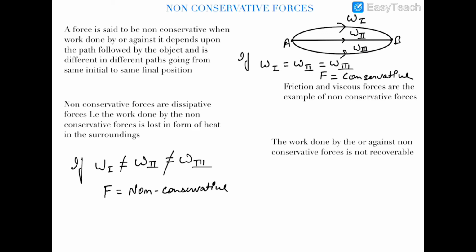And the perfect example of a non-conservative force is the friction force. We can easily see that if we have to go from point A to B and we follow a shorter path or a longer path, but the initial and final points are the same, then on the shorter path friction would act for a short period of time, but on the longer path friction will act for a long period of time, due to which we can feel the difference of heat generated in both the paths, and that heat generated is the work done against friction.